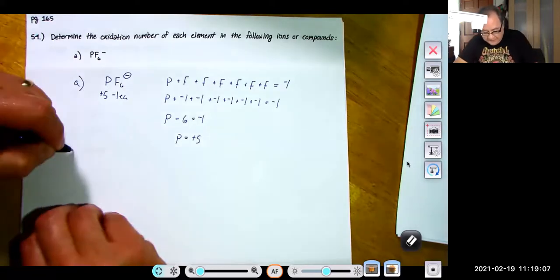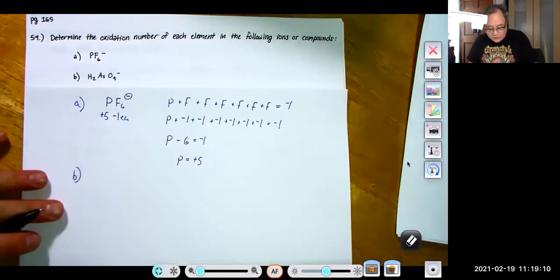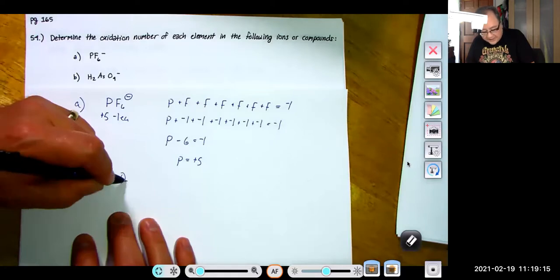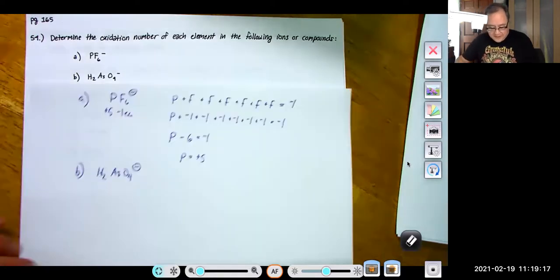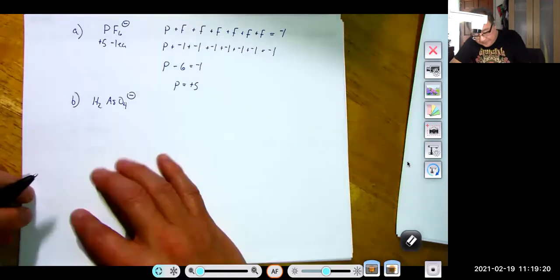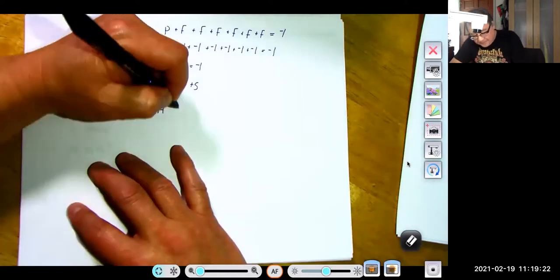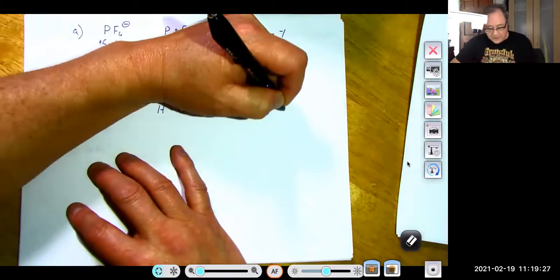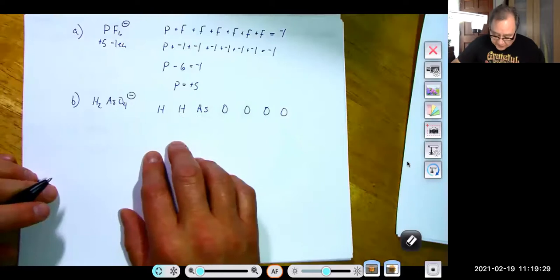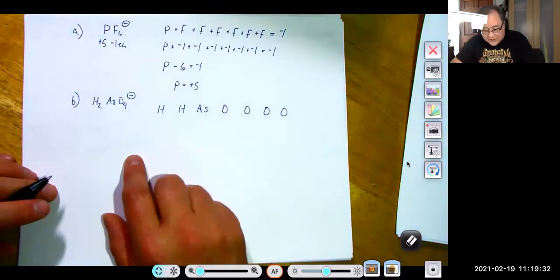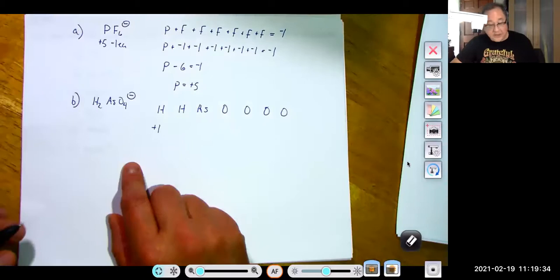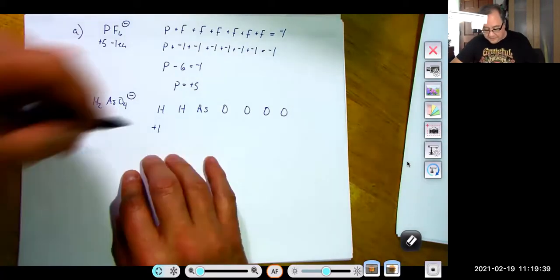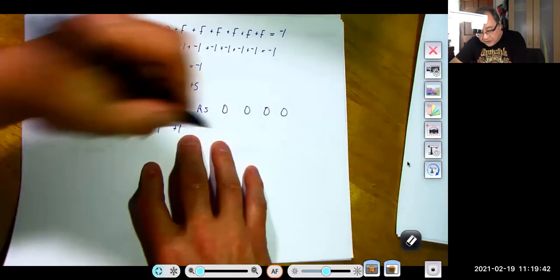Okay, let's look at B. H2AsO4 negative. Now here's how I'm going to do this one. I'm going to assign the oxidation number to hydrogen first. It's a +1 in most compounds. The oxygens are -2 in most compounds.